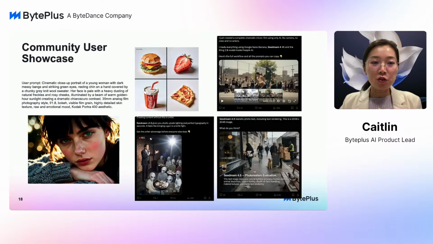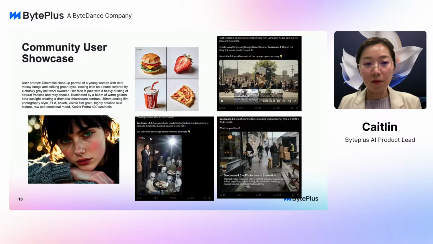Okay, so having shown so many examples that we created internally, I would like also to show some of the examples of the demos that are created by the users. So these are some of the examples I personally like, and I found them on X, and you can see how global users are using it in different creatives and ideas.